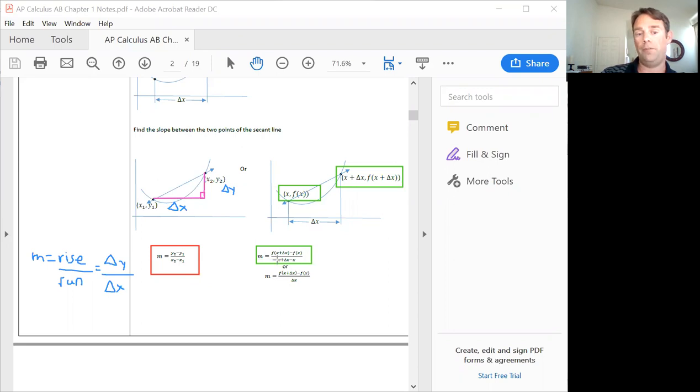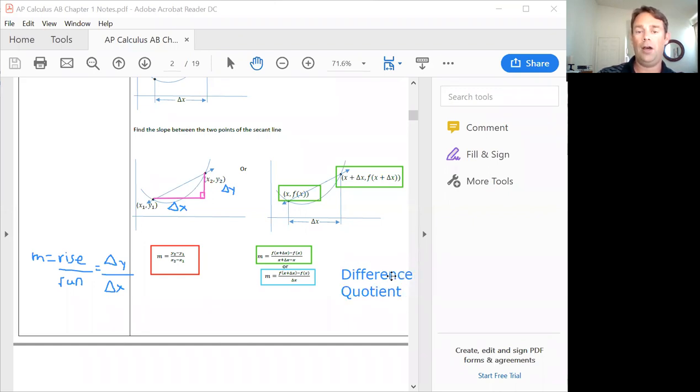And when we simplify f of x plus delta x minus f of x, what ends up happening is those x's on the bottom cross out, and you end up coming up with what we call the difference quotient. And you guys saw the difference quotient a little bit back in pre-cal.